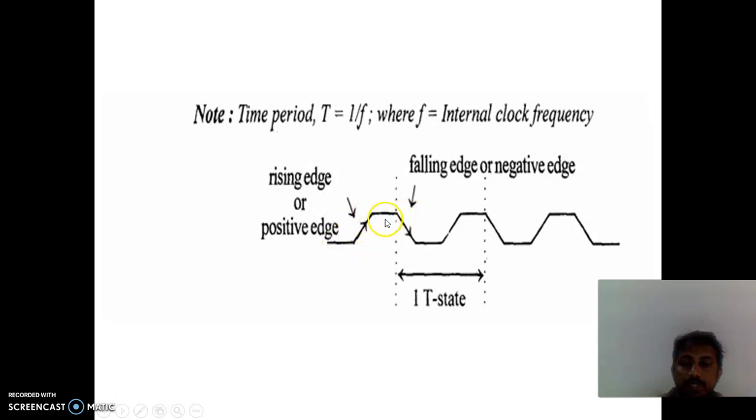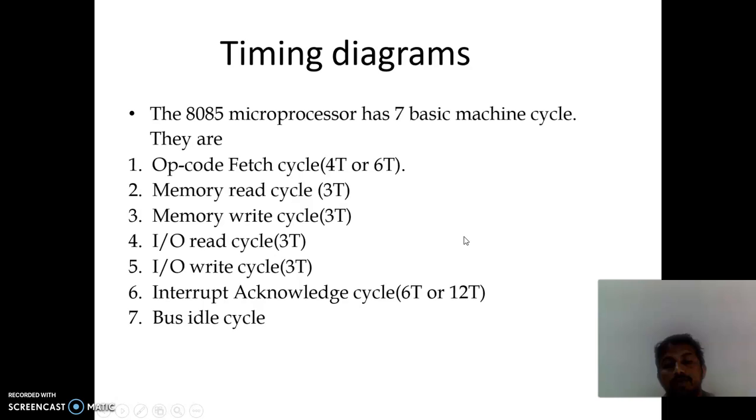It is represented as a trapezoid because the clock period here is 0.2 microseconds, which is very narrow. So the on period and off period are more or less equal to the rise time and fall time. That's the reason we represent slanted lines instead of straight lines for the square waveforms.